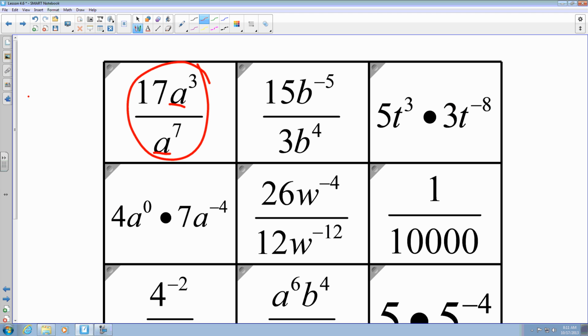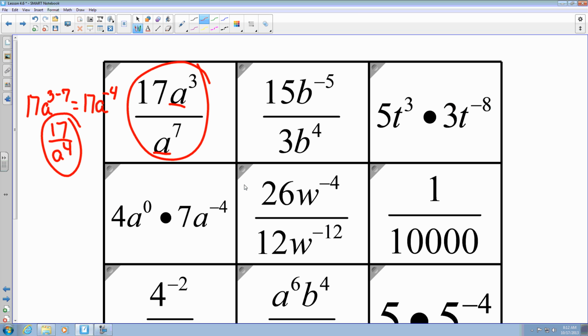So I can say 17 and then a to the 3 minus 7 power, which is going to equal 17a to the negative 4 power. And if I wanted to remove the negative exponent, it would just be 17 over a to the 4th.